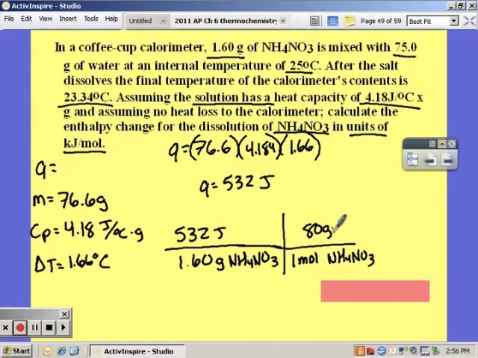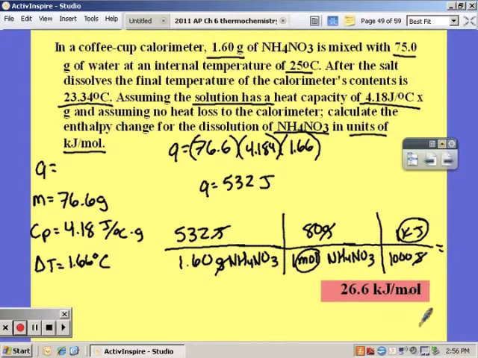Every 1 mole of ammonium nitrate weighs 80 grams. Now we're at the units of joules per mole. And there's 1,000 joules in a kilojoule. So you get 26.6 kilojoules per mole.